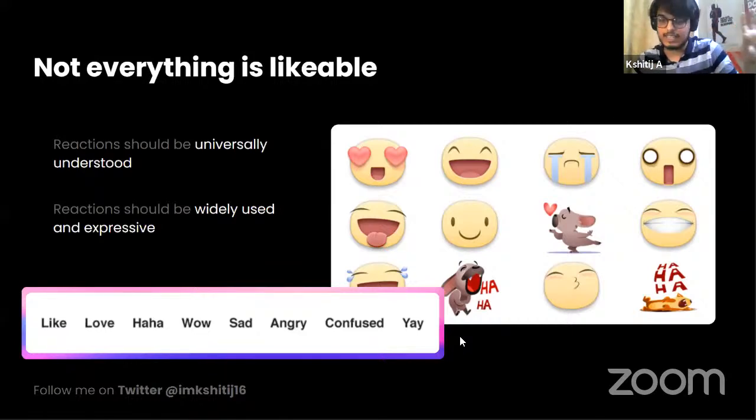For someone reacting in Japan to a photo and someone sitting in the US, the two needed to connect with each other, and that was very important. And second, adding on to this, it needs to be widely used and it needs to be expressive, so that everyone understands it and it's self intuitive what it means.